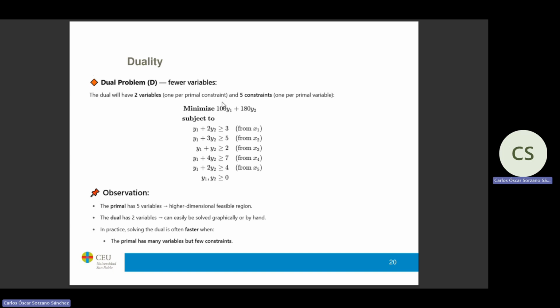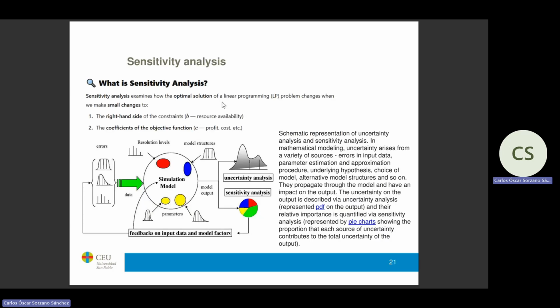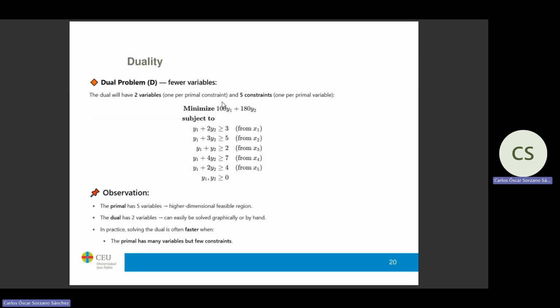You have to make so many calculations, but it is only a matter of convenience. We will see more properties of the dual. It also gives you some information about the first problem, but at the moment it is just a matter of convenience.